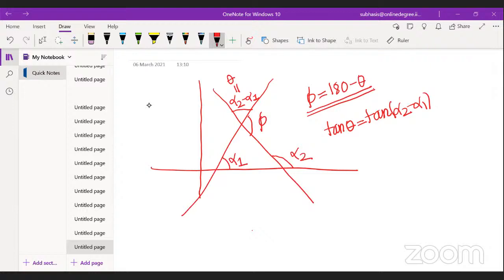Now what is the formula of tan(A minus B)? It is tan A minus tan B upon 1 plus tan A tan B. So basically this is tan alpha 2 minus tan alpha 1.